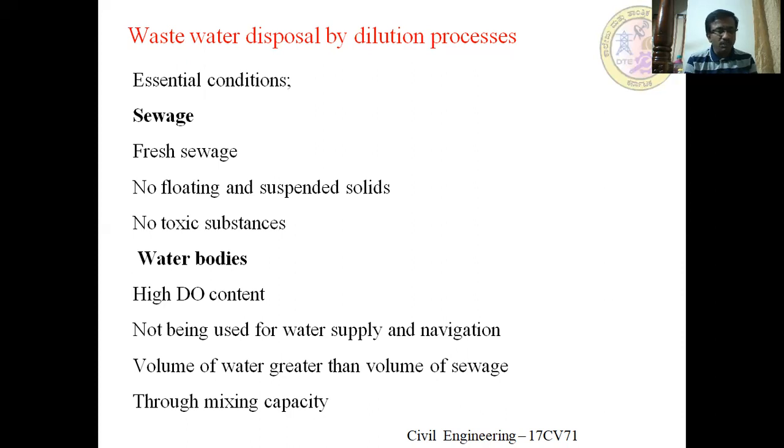If the toxic substance is there and that water is not treated properly, and then if it is a source of water supply, then it may cause a health hazard, that too carcinogenic. Usually toxic substances are carcinogenic in nature, which may affect the health of the person or the health of the plants and animals receiving it.